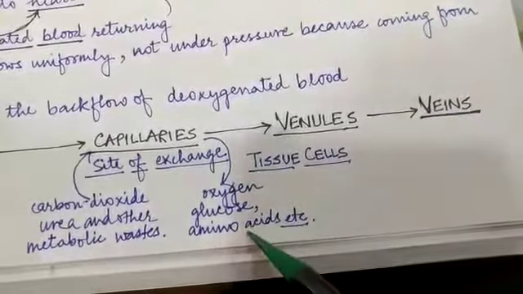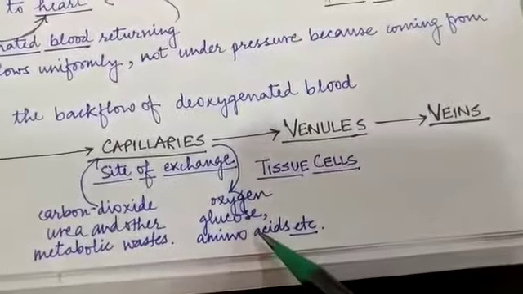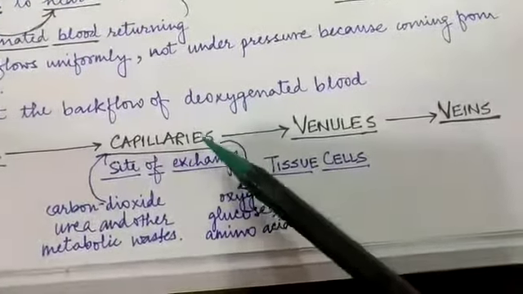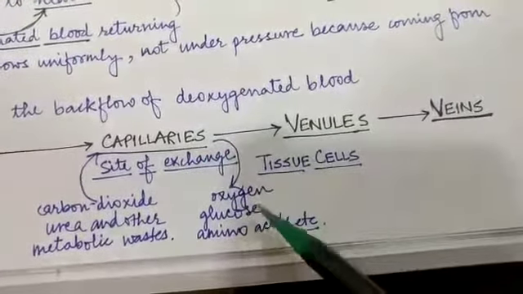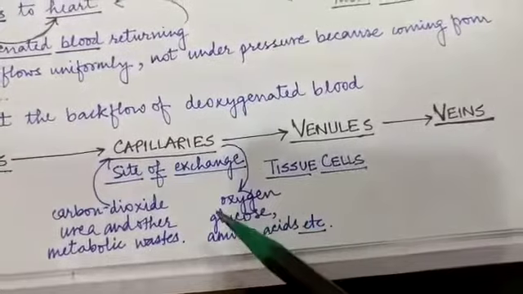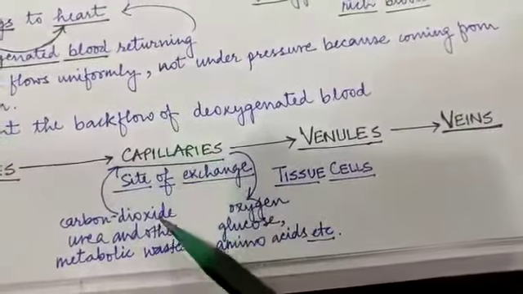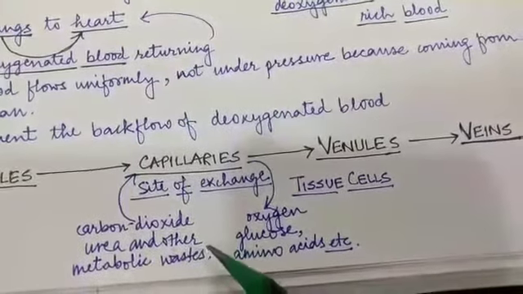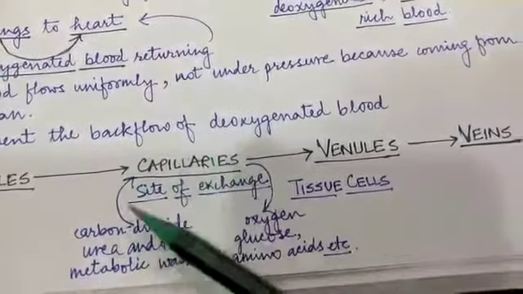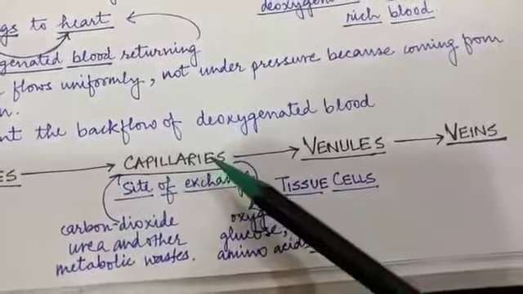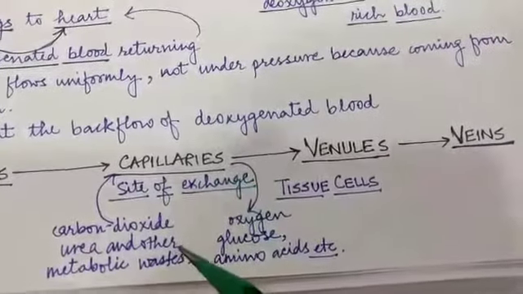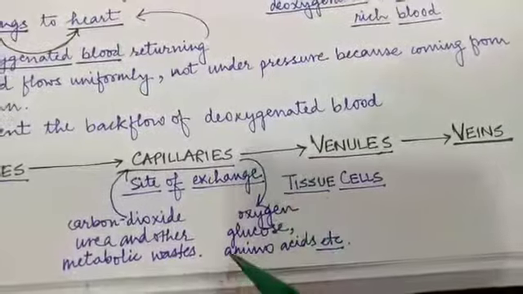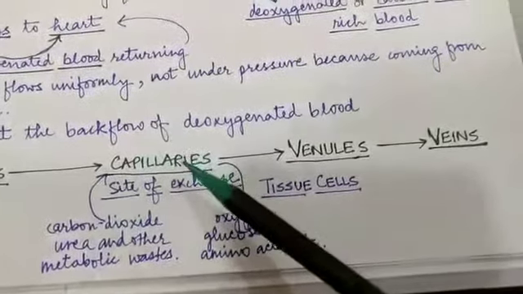Glucose and amino acids, the building blocks that have already been converted by the digestive system, move out of the capillaries for the tissue cells. And what goes into the capillaries? The carbon dioxide, urea and other metabolic wastes diffuse inside. Again, diffusion is the transfer of substances from higher concentration to lower concentration. Hence oxygen goes out, and carbon dioxide goes inside the capillaries.